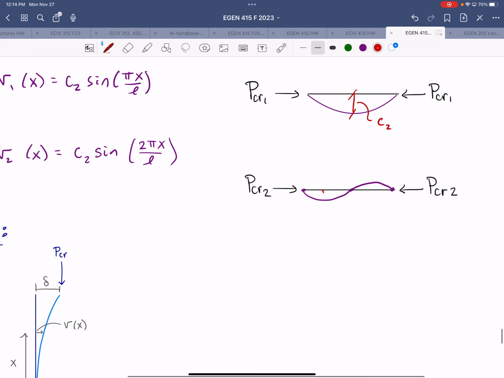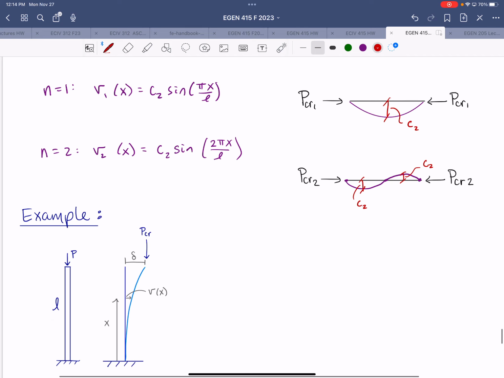All right, where C2 would represent the maximum deflection, which would be even on both sides. So for the purposes of these analyses, examining buckling conditions, it's not essential that we know the value of C2, right?